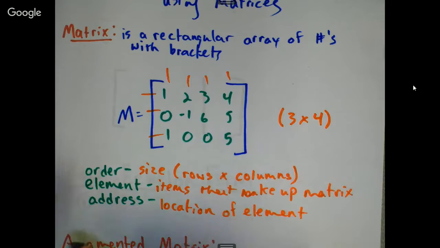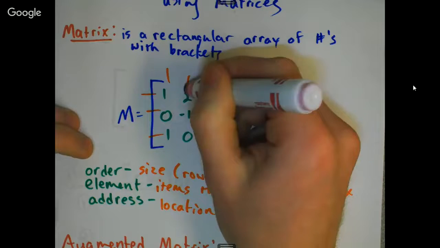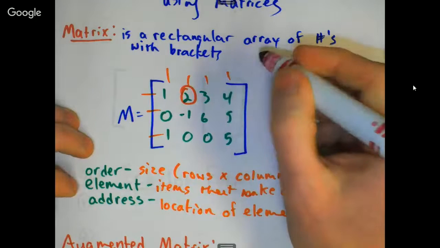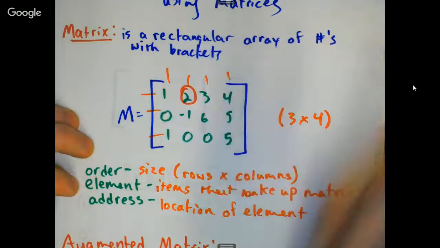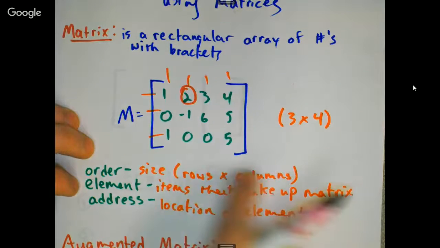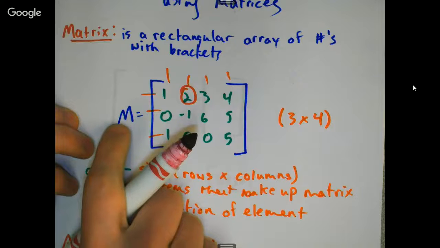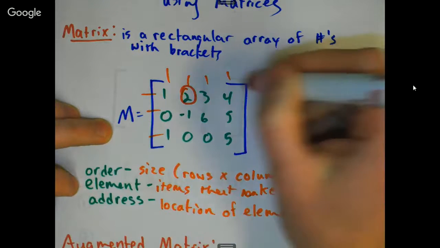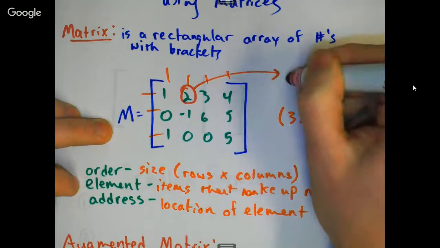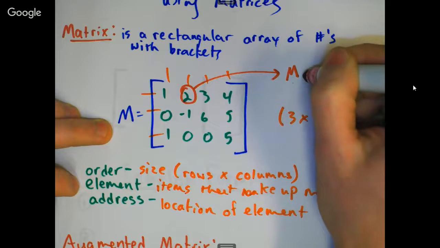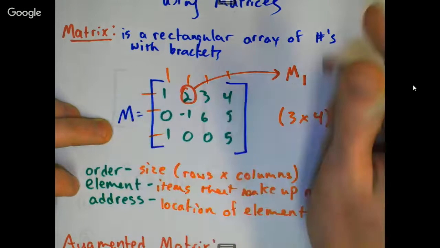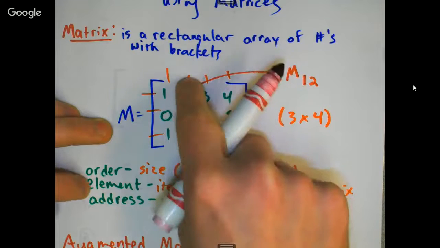Okay, so if we look at a couple elements here, let's say we want to look at number 2 here. Okay, it has an address, and it also goes by rows and columns, but it also uses the matrix identifier. So if I look at number 2, that would be M1,2, meaning it is in the first row, second column.